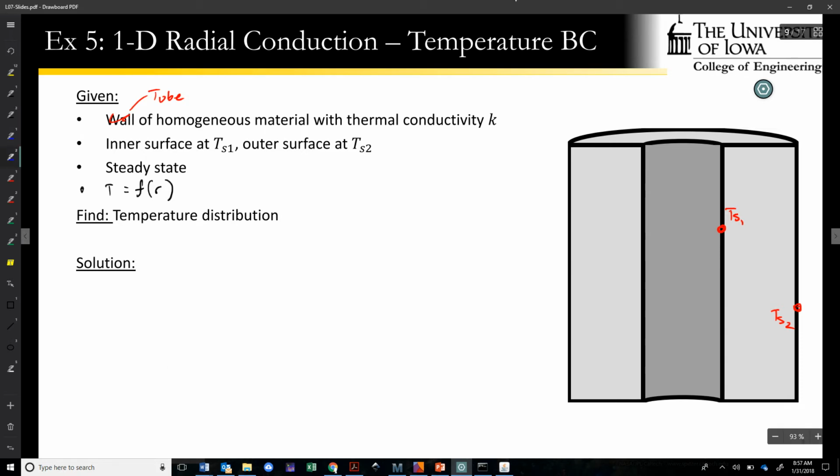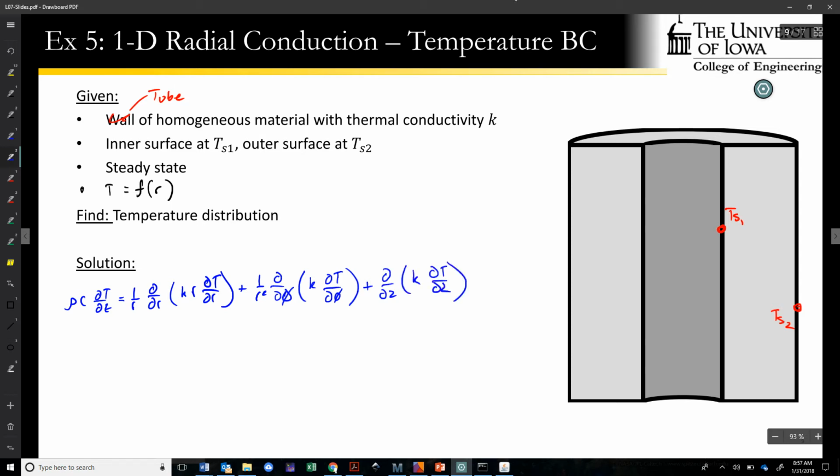So writing out our heat equation, full version, rho c dT/dt equal to 1 over r, partial r, k r dT/dr, plus 1 over r squared, and so on, plus the z term.